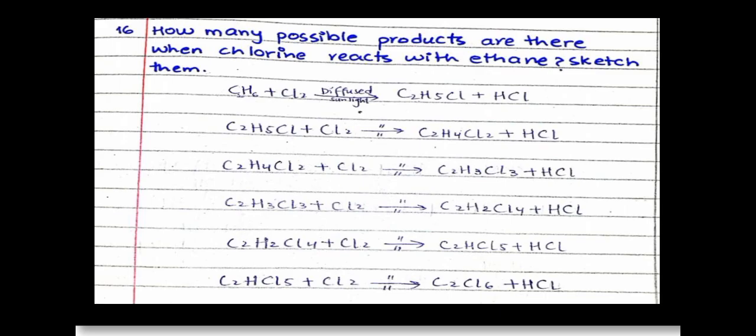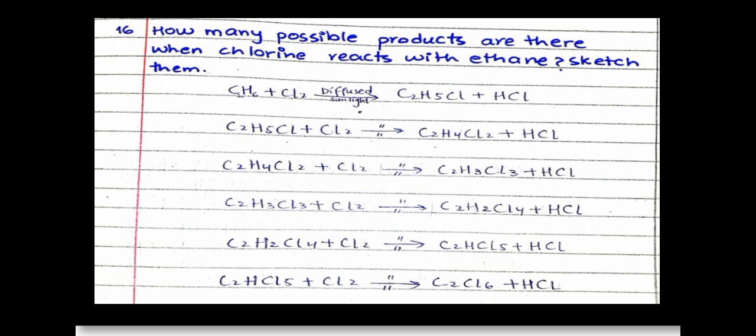Question number 16. How many possible products are there when chlorine reacts with ethane? Sketch them. Sketch them means we have to write all of these six reactions. These reactions are displacement or substitutional reactions. We are adding one chlorine atom and replacing one hydrogen atom.